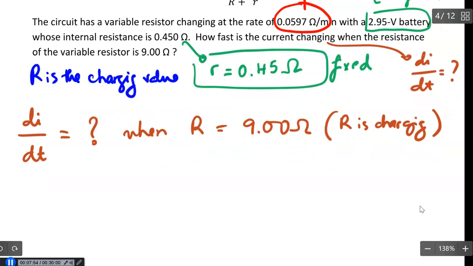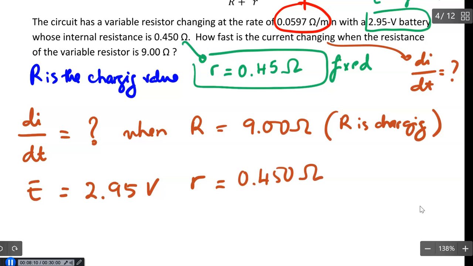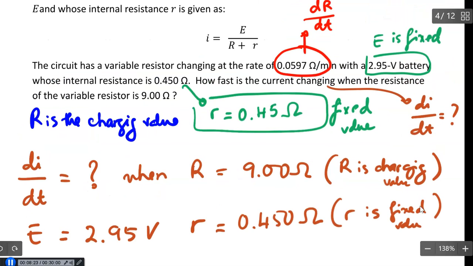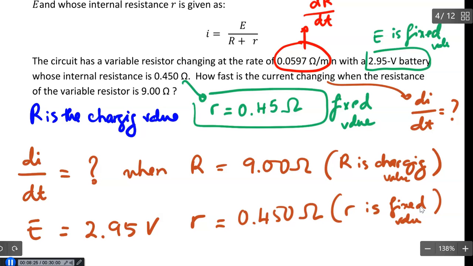Then E is equal to 2.95 volts, and given the internal resistance, the little r is equal to 0.450 ohm. So this r is fixed. So this one is the fixed value.